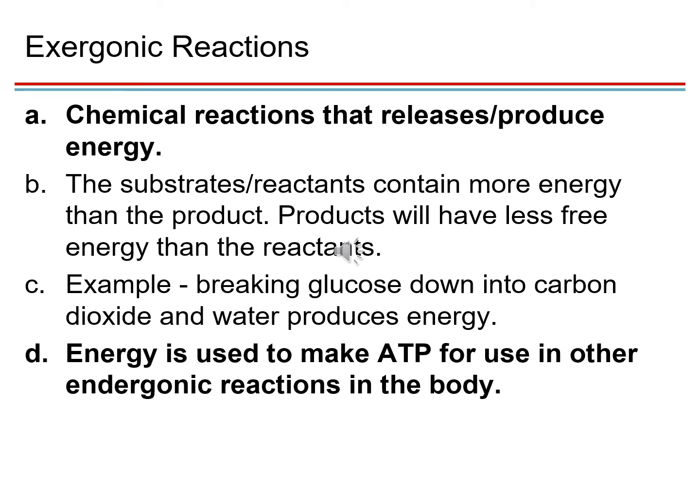The substrates, or reactants, being a bigger molecule, contain more energy than the product after that chemical pathway. And the product will have less free energy than the reactants themselves. For example, the breaking down of glucose.